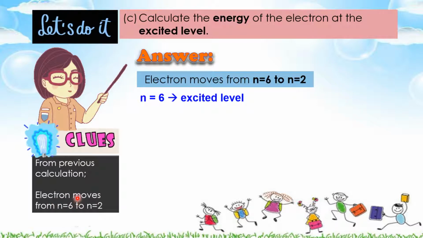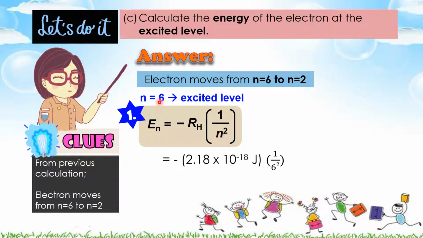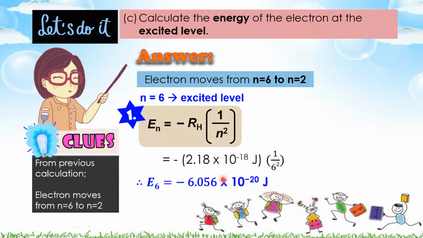We can use this formula, En equals to negative RH times 1 over n squared, where n here is 6. Substitute all the values and we find that the energy of the electron at the excited level is negative 6.056 times 10 power of negative 20 joule.